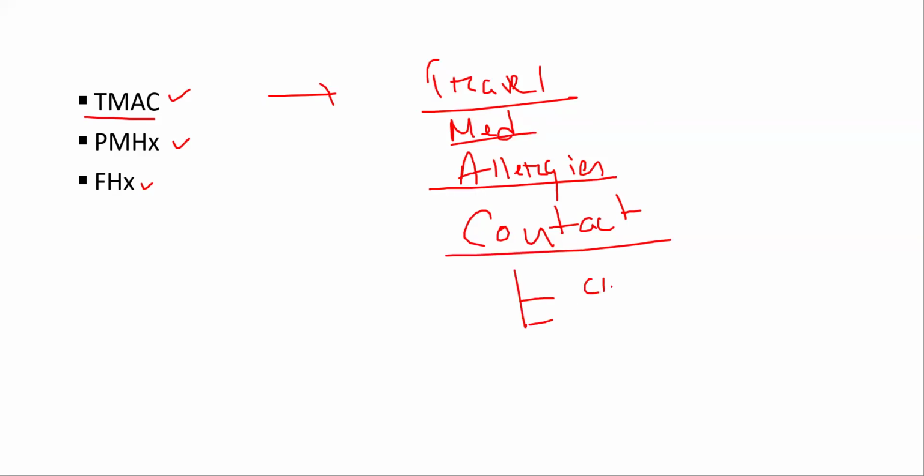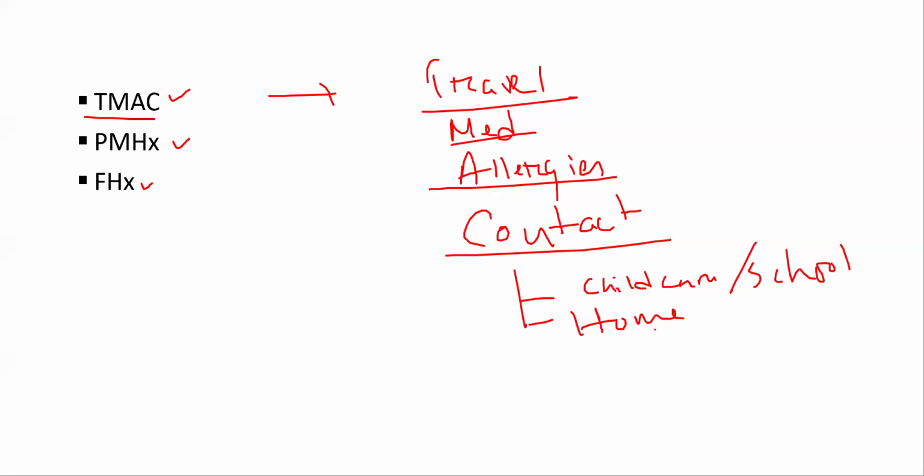For contact, we ask contact at childcare or school and contact at home. Has anyone in childcare got similar symptoms? Has anyone at home got the same symptoms? If the child is a bit older and going to school, ask whether anyone at his school has similar symptoms.